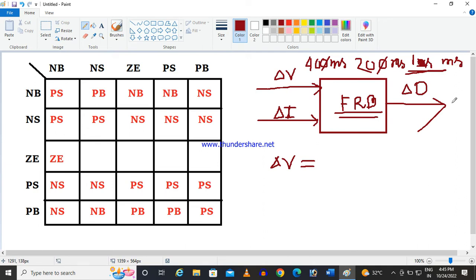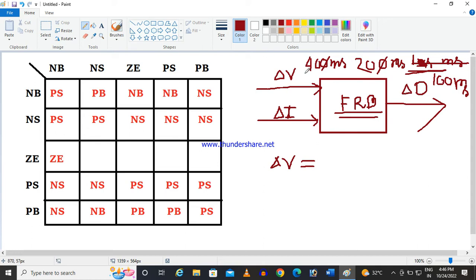Sorry, this is wrong. Say my duty cycle update period is 100 milliseconds. That means at every 100 milliseconds my duty cycle will be updated.